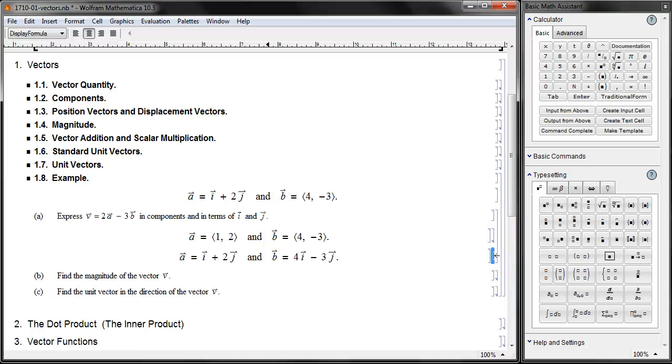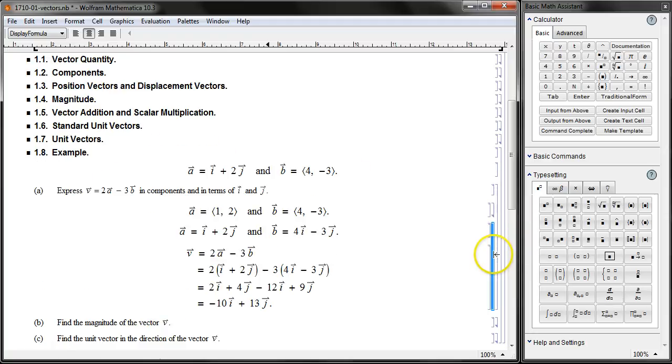What if you use ij expression? Well, this one is written in terms of i plus 2j, so this one should be written in ij form as well. So instead of <4, -3>, 4i minus 3j, alright? And then put those into 2a minus 3b form. Well, here we go, 2a minus 3b.